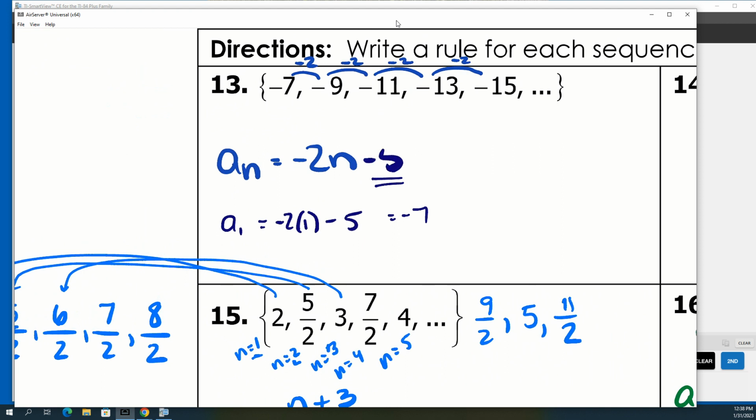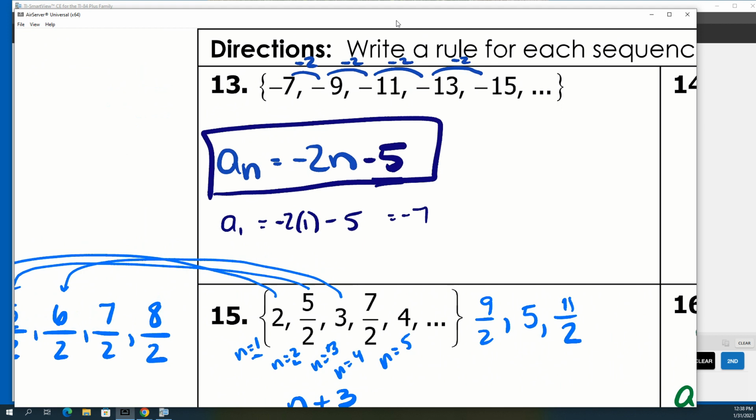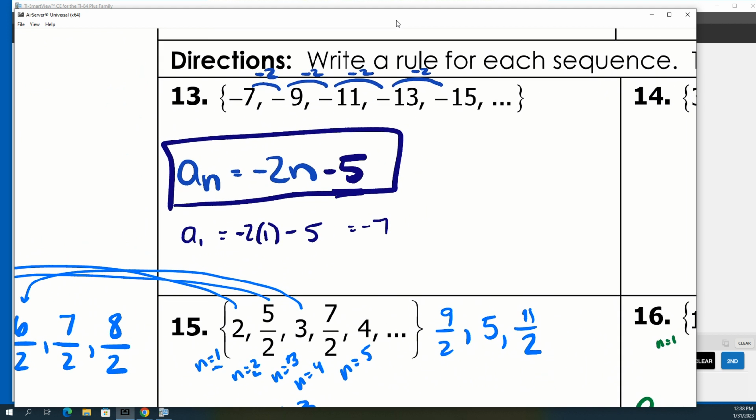So it's -2n minus 5 is the rule. And again, I'm going to teach you an easier way to do that in a couple days. So this is just an introduction. So don't freak out on me, please. All right, so we can just continue subtracting 2 if you wanted to. That would actually be easier. Or we can plug in 6, 7, and 8 to get the next 3 terms.